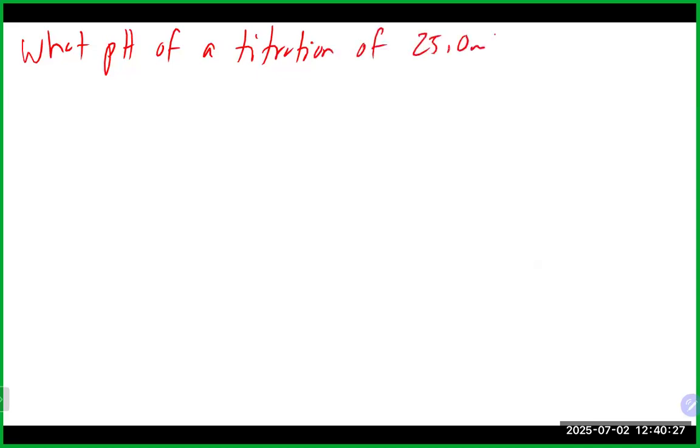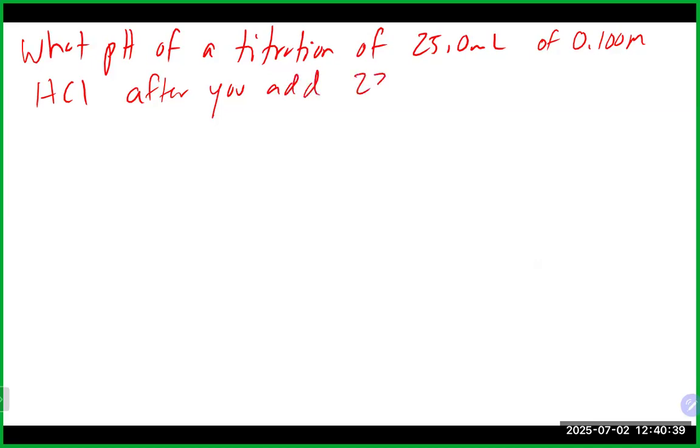What is the pH of a titration of 25 milliliters of 0.1 molar HCl after you add 23 milliliters of 0.1 molar sodium hydroxide?